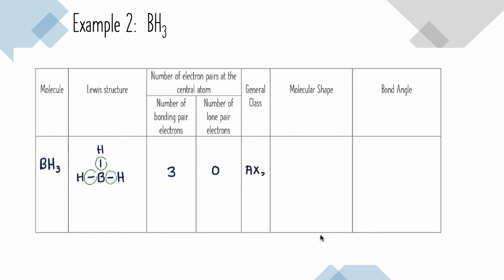The general class is AX3. The molecular shape of BH3 is boron in the middle, the first hydrogen, the second hydrogen, and the third hydrogen. This is what we call a trigonal planar shape.